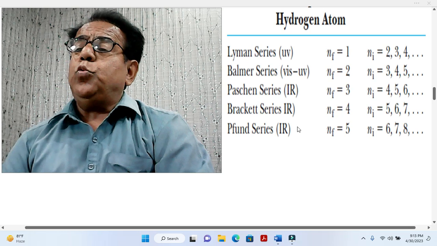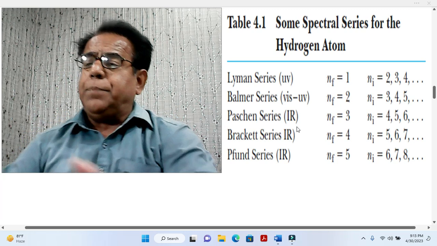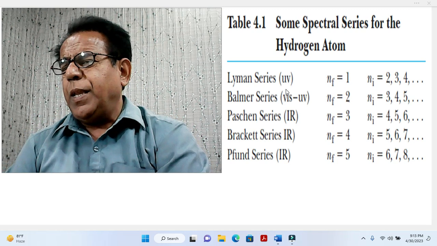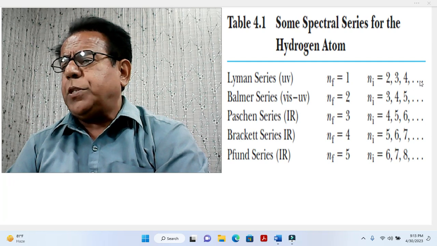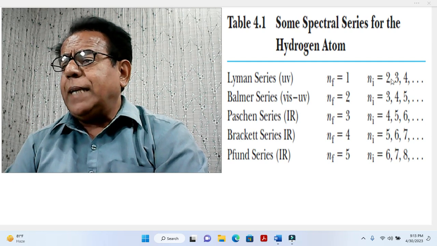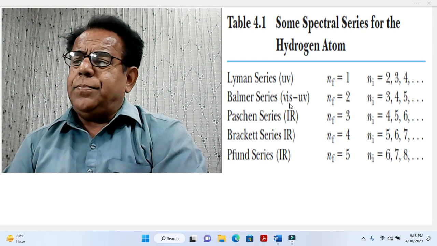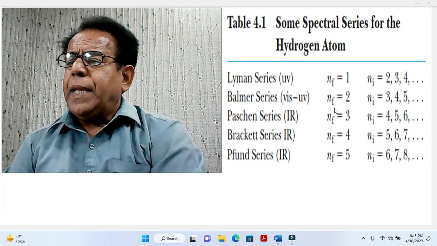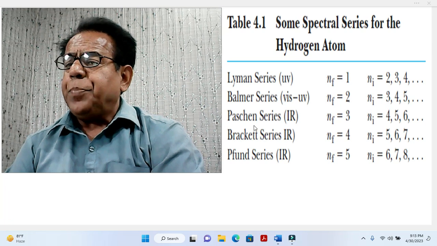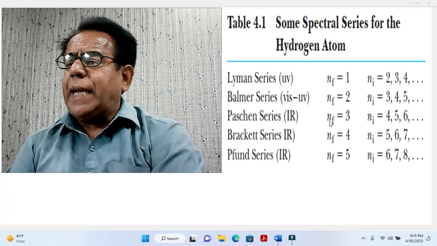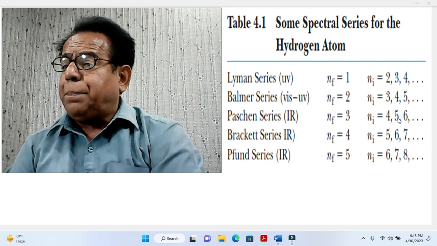Now we come to its alternate versions. Some spectral series for the hydrogen atom: Lyman series, ultraviolet, nf is equal to 1, ni is equal to 2, 3, 4. When nf is 1, then ni begins from 2. Balmer series, visible and ultraviolet, nf is equal to 2, then ni starts from 3, one step ahead. Paschen series, infrared, nf is equal to 3, then ni begins from 4, one step ahead.